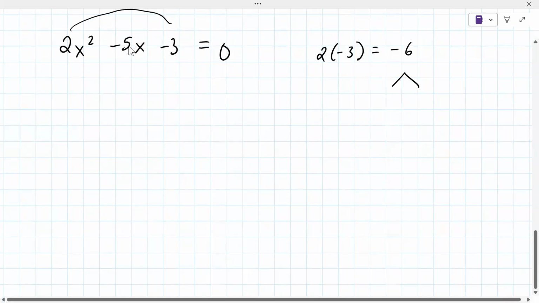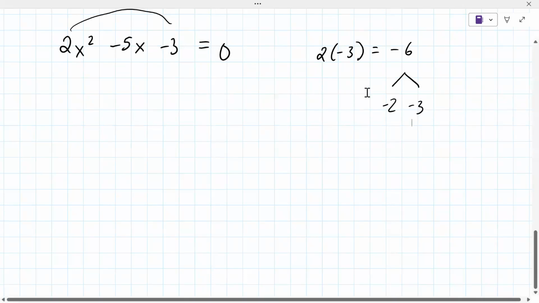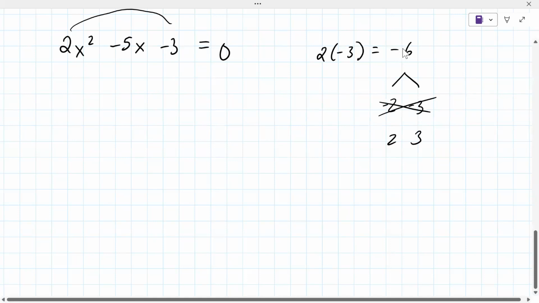So -2 and -3. Those do not multiply to -6. They do add to -5, but they multiply to +6. 2 and 3. No. So same problem, right? So in this case, one is positive and one is negative.